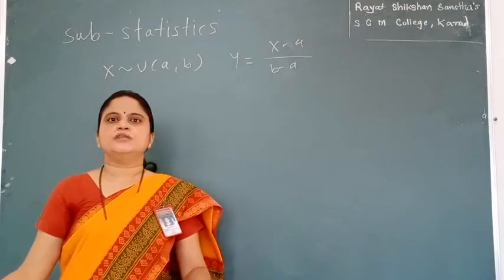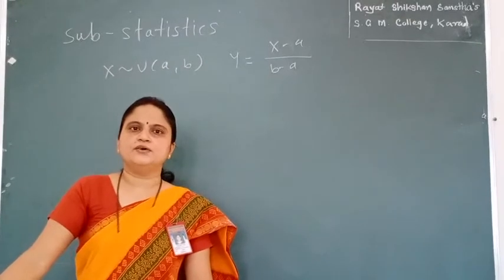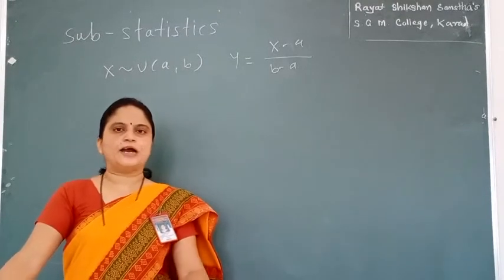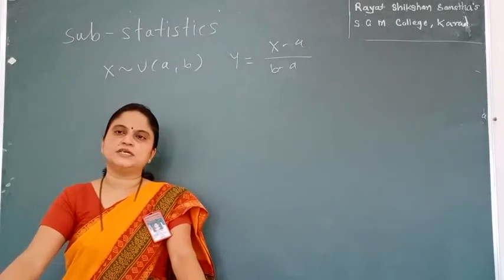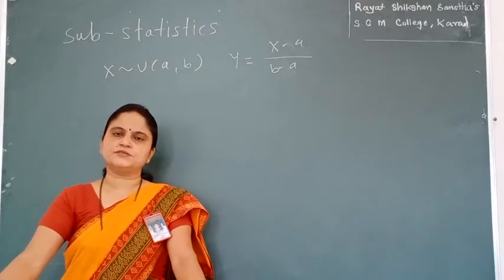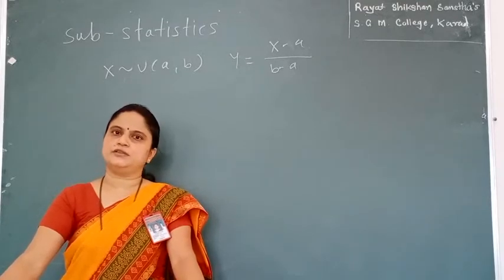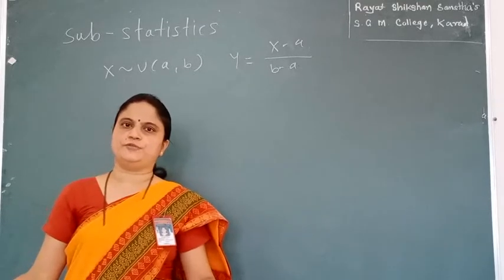Now from the last semester we know that we can find the distribution of y by using three methods. These three methods are, first method is transformation method, second method is distribution function method, and third method is MGF method.